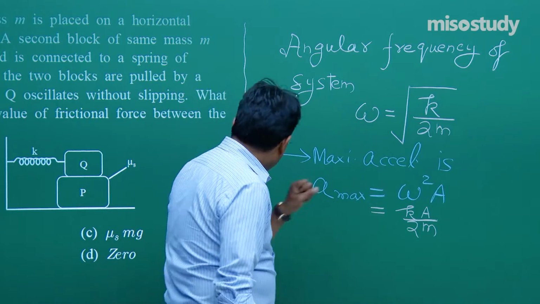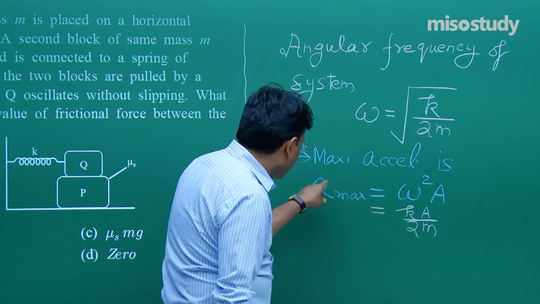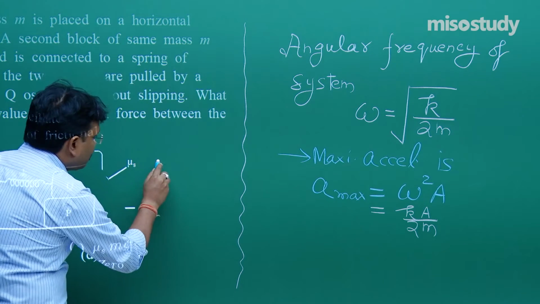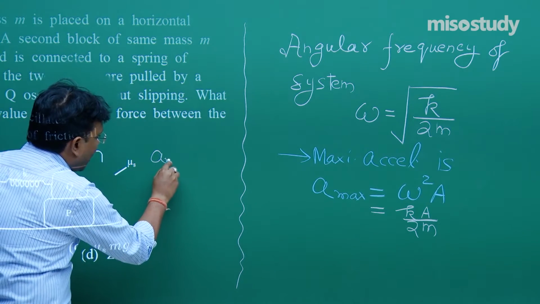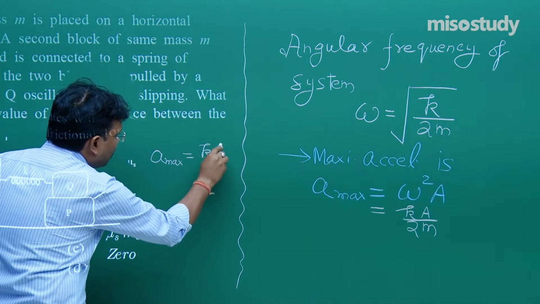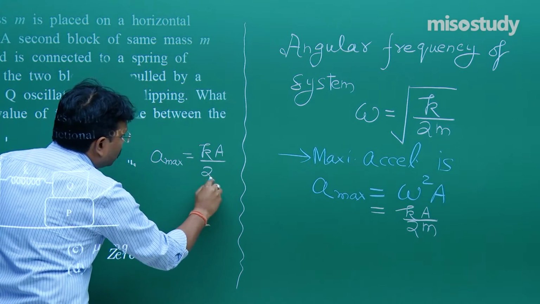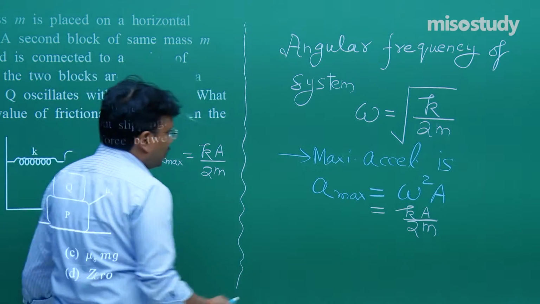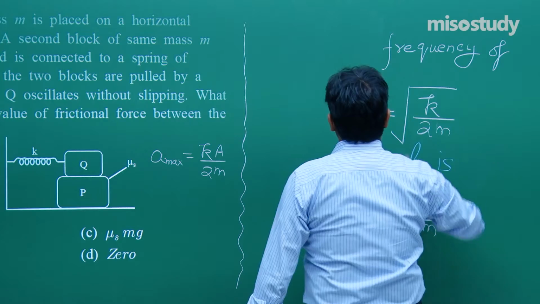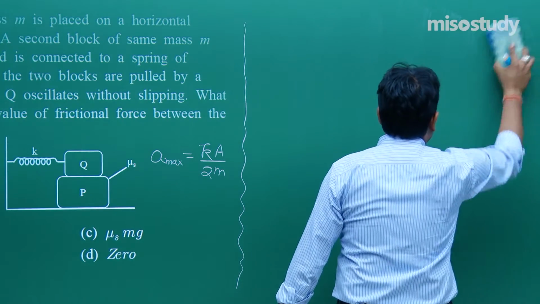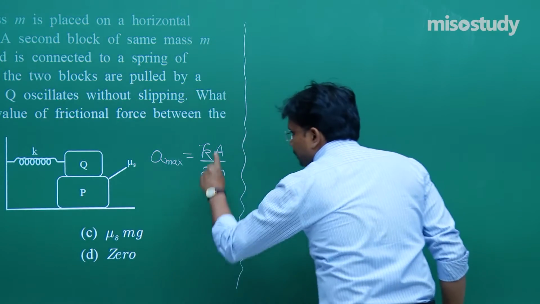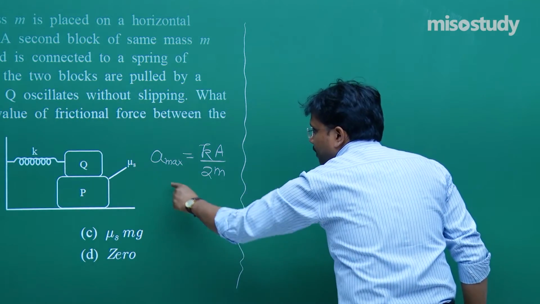So I will write this A max over here: A max is equal to Ka by 2m. Let it remain over here, we can use this space after cleaning for further explanation. But ultimately this term is going to be very important for us.